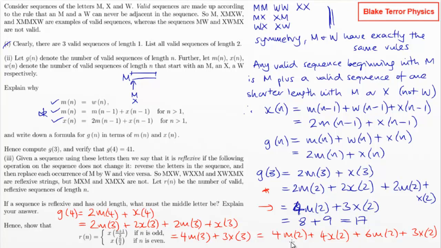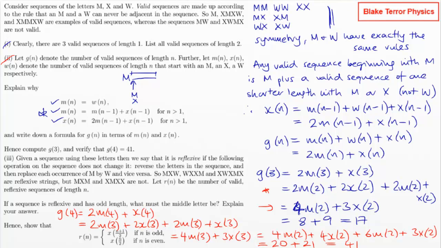So we've got 10 M2s, which is 20, plus 7 X2s, which is 21, which is equal to 41. Right, so far so good on all of this. Does that finish that end bit of the question? Yes, we finished part 2.